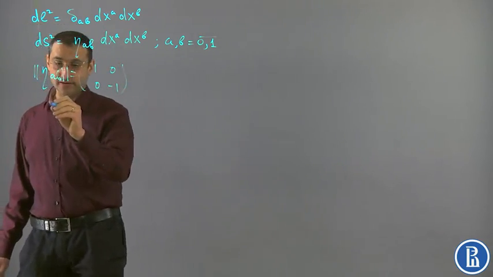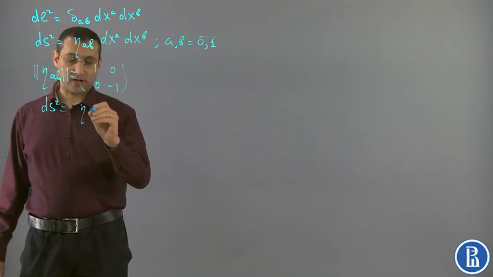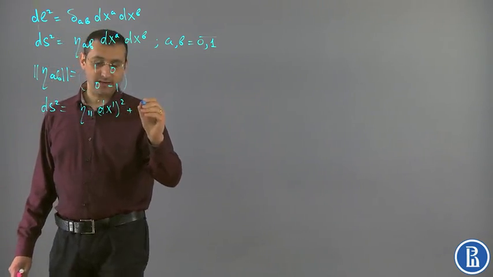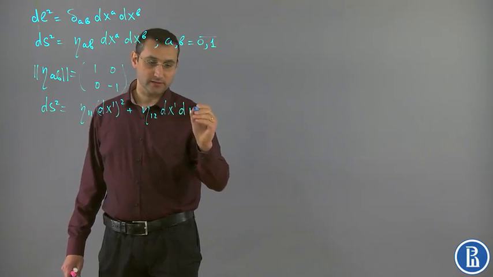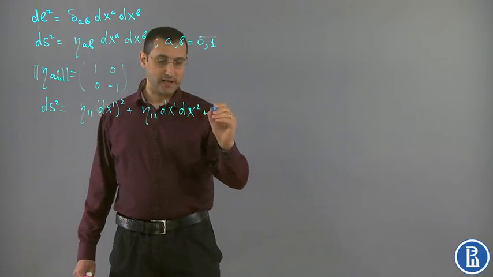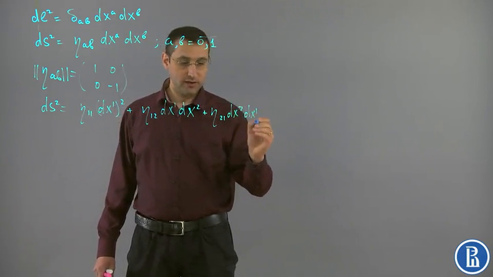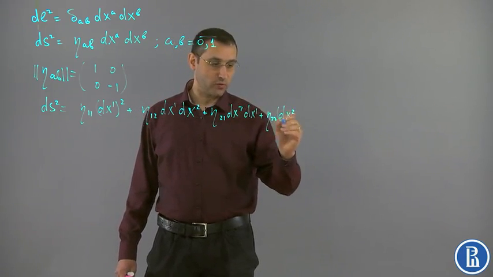And as a result, ds squared is just η_11 dx1 squared plus η_12 dx1 dx2 plus η_21 dx2 dx1 plus η_22 dx2 squared.